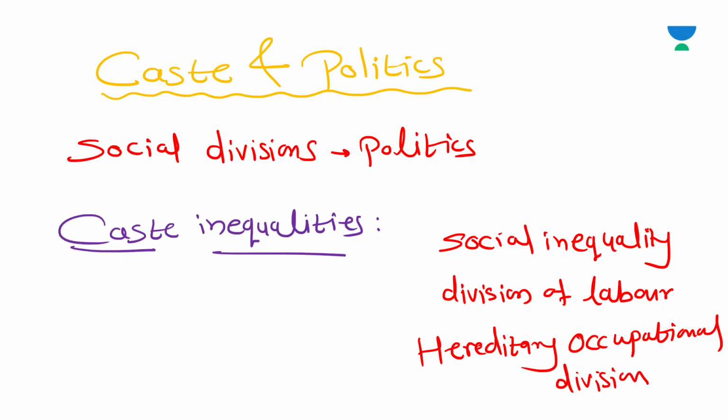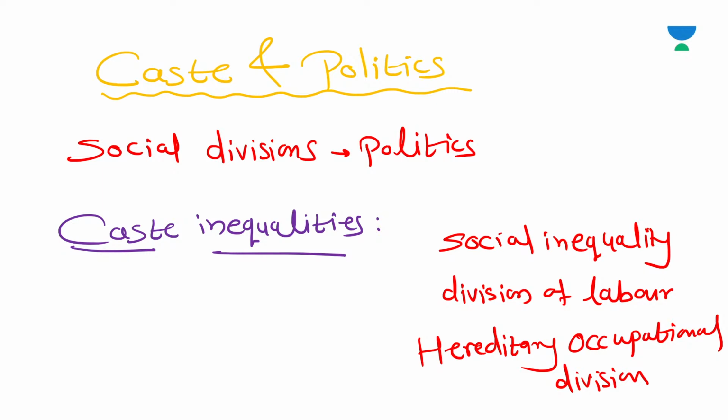Members of the same caste group were supposed to form a social community that practiced the same or similar occupation. They married within the caste group and did not eat with members from other caste groups.